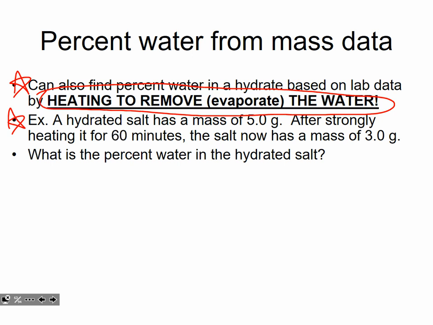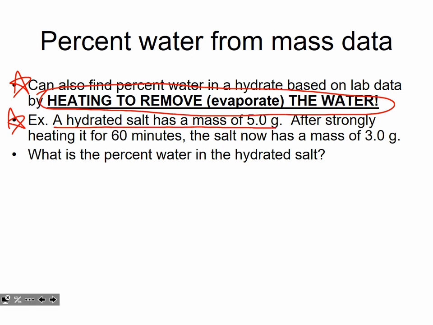So we start with the entire hydrate, all of it with the water intact. You strongly heat it. The salt portion, the non-water portion of the hydrate, will not leave because it will have a much higher melting point than the water will. The water, however, will leave. And if you look at this problem here, it says a hydrated salt has a mass of 5 grams.